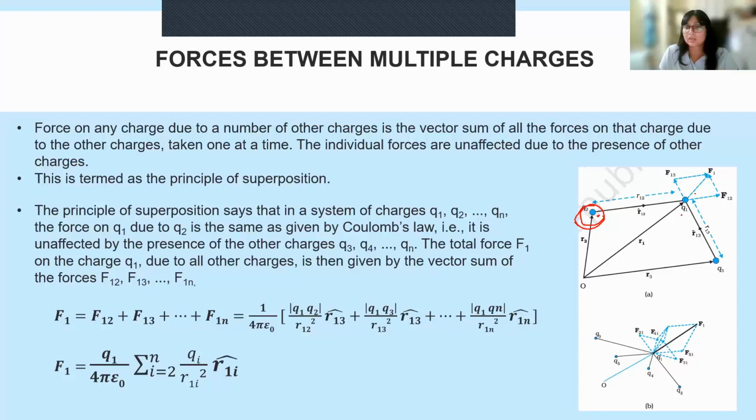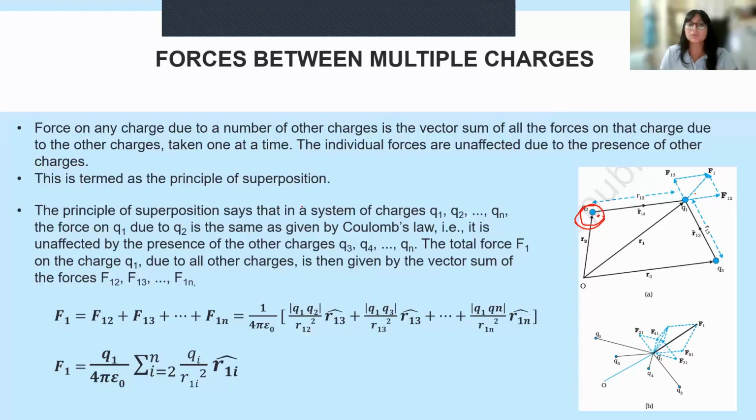So we will calculate F12 and F13. F12 is the force acting on Q1 due to Q2, and F13 is the force on Q1 due to Q3. The total force acting on Q1, F1, will be the vector sum of F12 and F13, and this is called the principle of superposition.